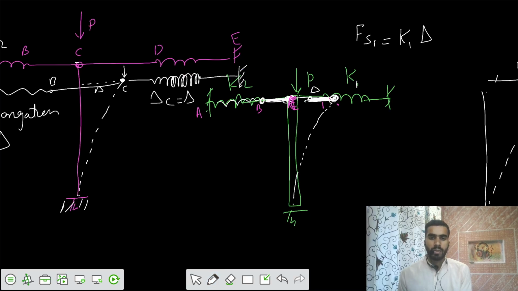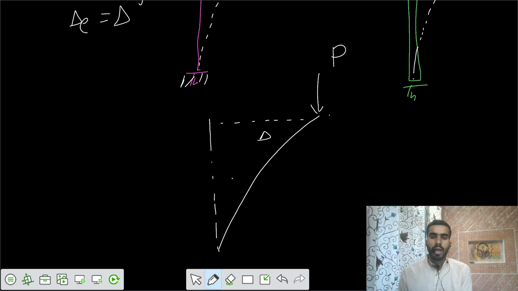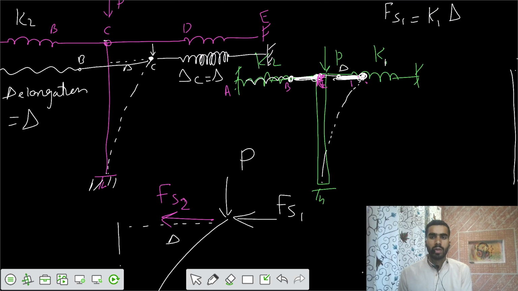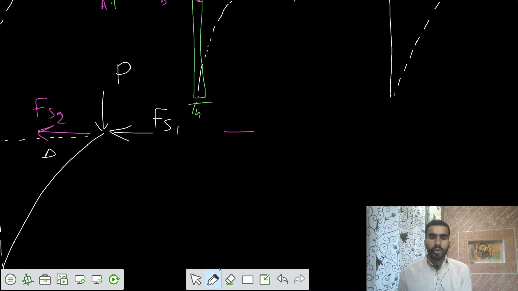So finally, if I have the free body diagram of that column, initially the column was in this fashion. It has reached a distance of delta. There is some P, and there would be some compressive reaction Fs1, and from this side also some Fs2 in the opposite direction, because in one spring there would be development of tensile force Fs1, and in the other spring development of compressive force Fs2.